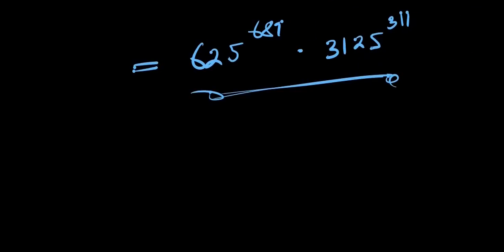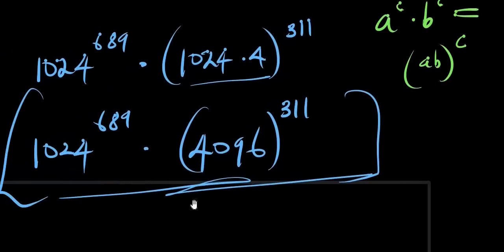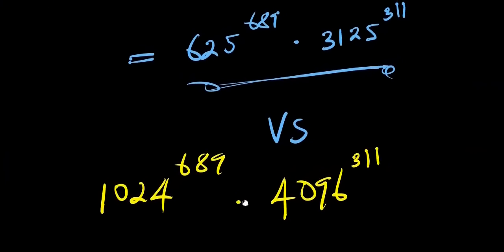So I'm going to copy this one down here, which is 1024 power 689 times 4096 power 311. Look at it here. I just copied it from here down here.